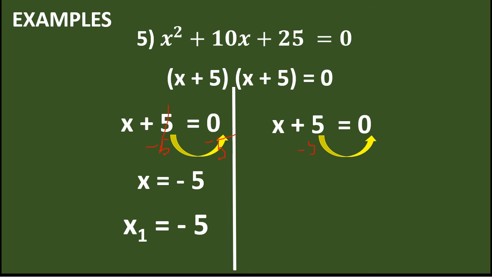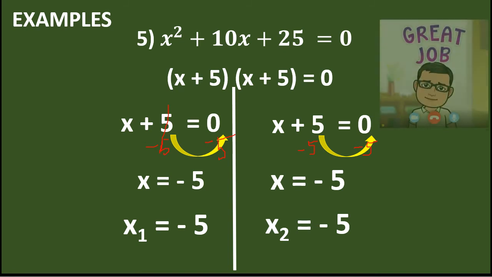So we have to add negative 5 on both the right and left sides of the equation, just like what we did in this example on the left side. So the answer will become the same. Our x sub 2 is equal to negative 5. In this case, x sub 1 and x sub 2 are the same.